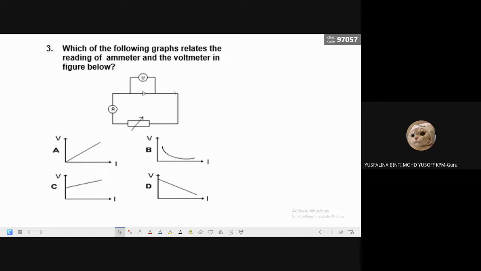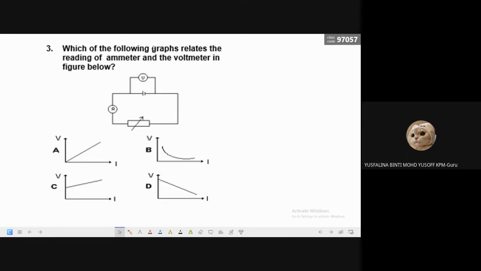Which of the following graphs relates the reading of the ammeter and the voltmeter in the figure below? You see the voltmeter, right? This one we already know because this is the topic for electromotive force. So of course you know the graph should be downward. But they say in the exam, right, so we don't know which topic this is.